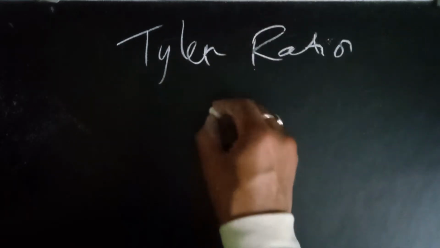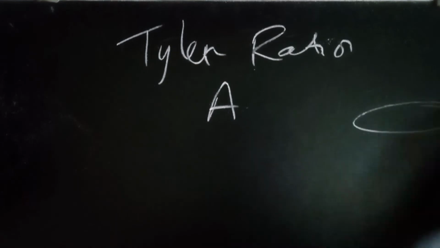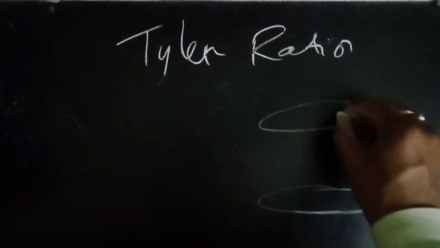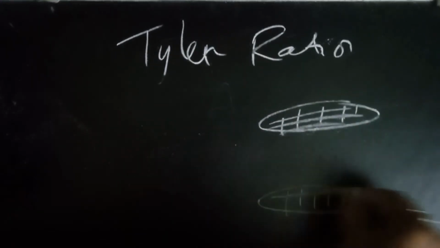Next, in screening, we have the Tyler ratio. The Tyler ratio is about the area of the upper screen. Let me draw the screen. Here we have a screen and then a lower screen, with various holes.